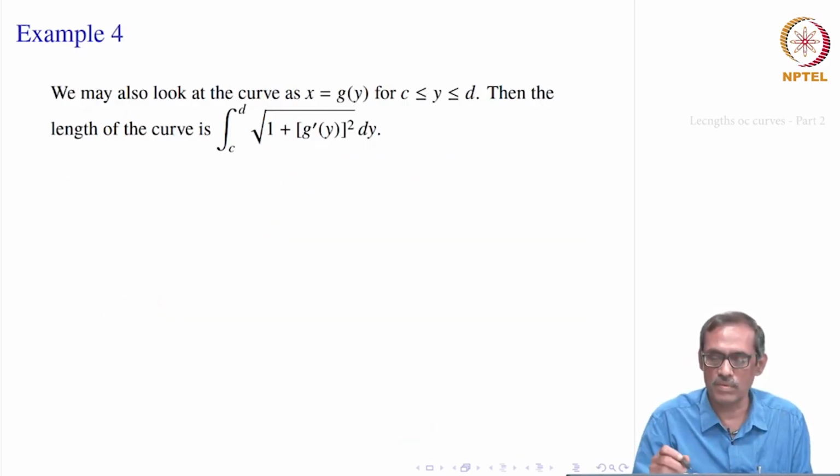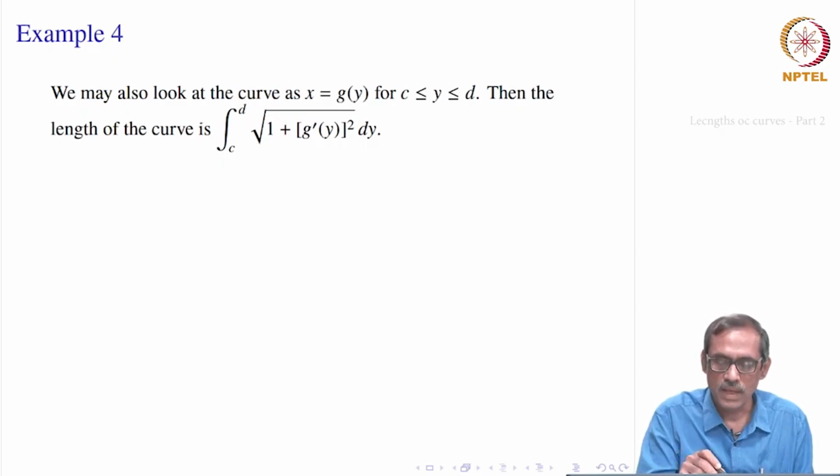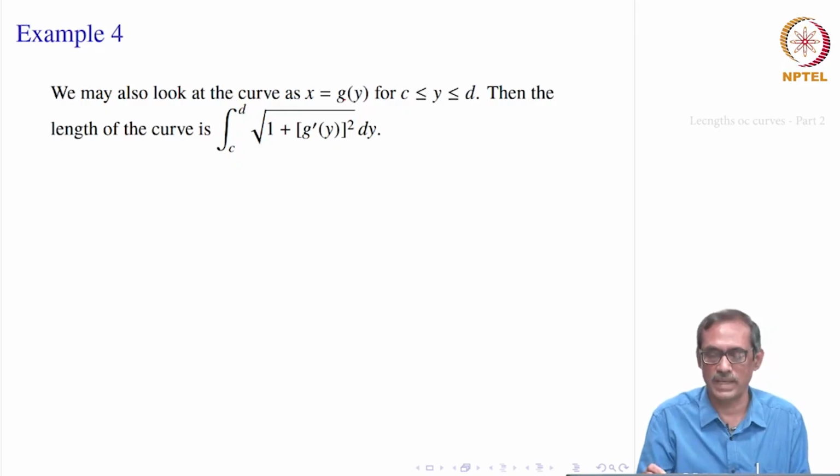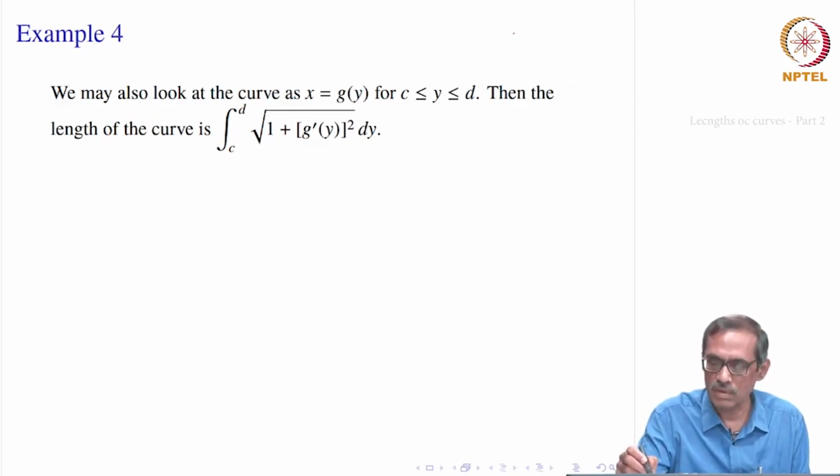Here what is given is, suppose as we were talking about earlier, that instead of y as a function of x, it is written x as a function of y, right. So, that means we can think of y as the parameter t. So, our t is equal to y.